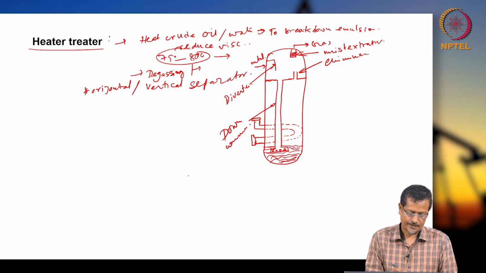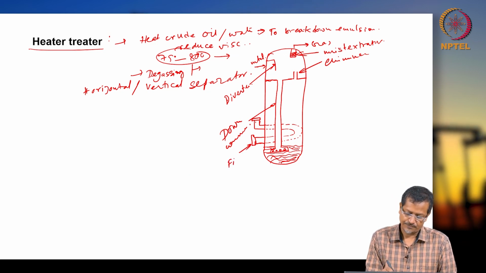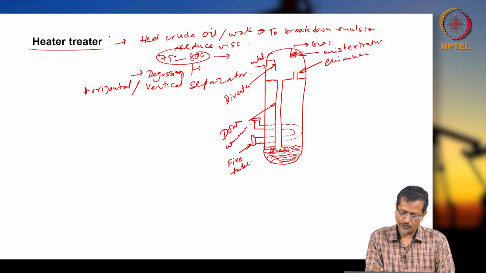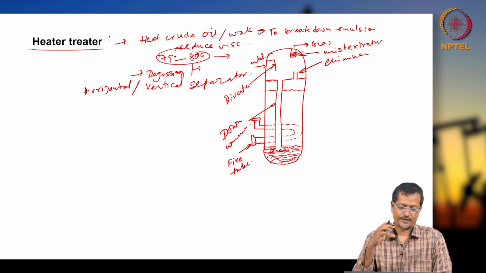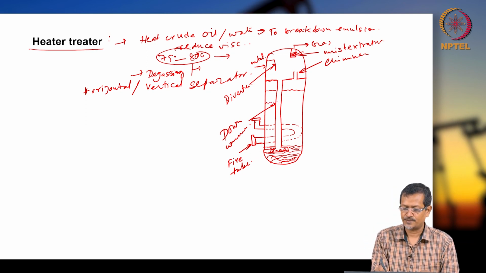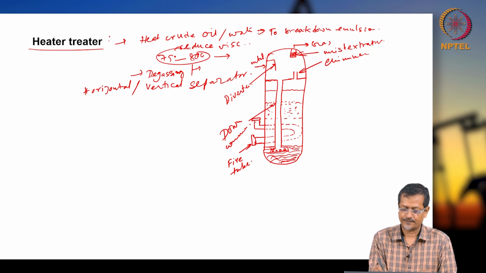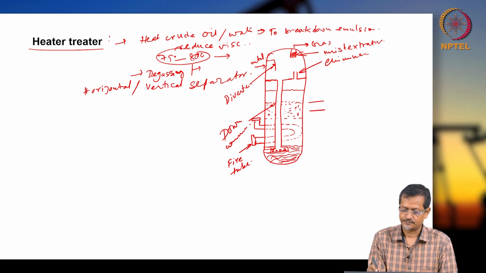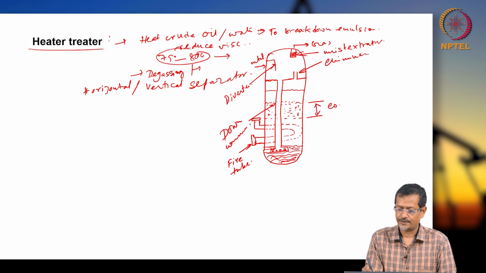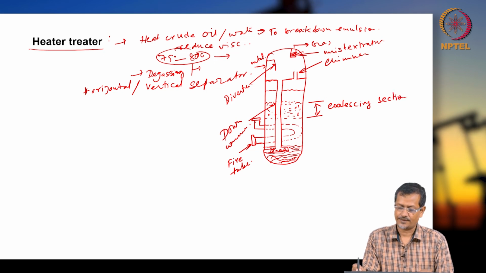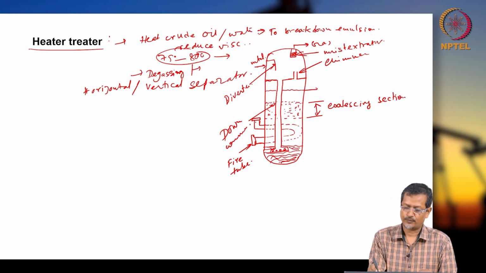So this is the fire tube, and there will be an oil level here, and there will be one coalescing section. We are assuming this is the coalescing section. Here maximum particles will be coalescing, and water droplets will be going down or oil droplets will be going up. This is the coalescing section. This is oil out, we can put a weir or something.